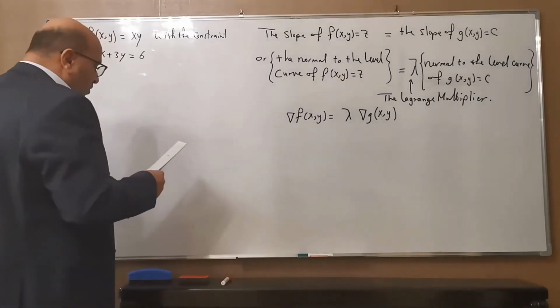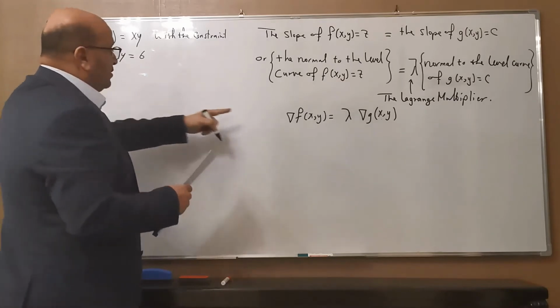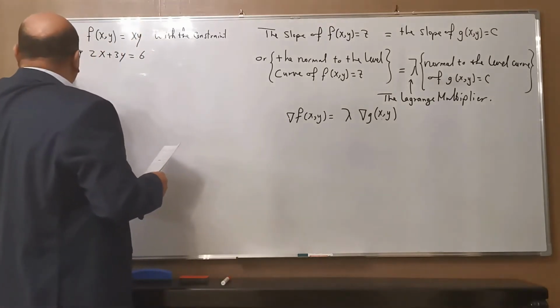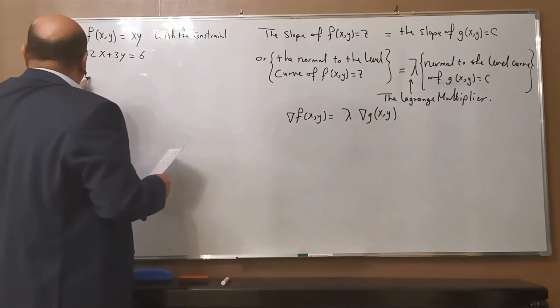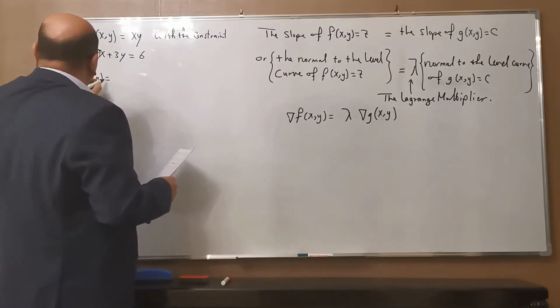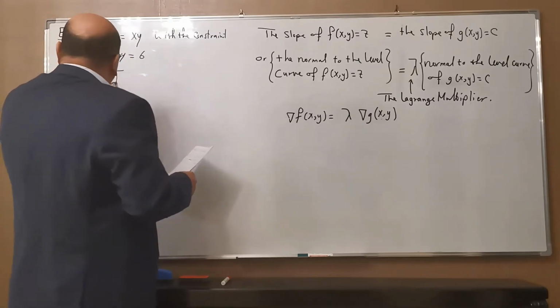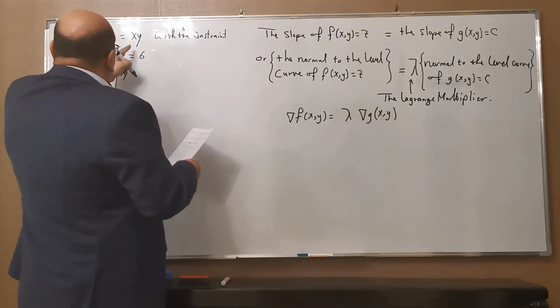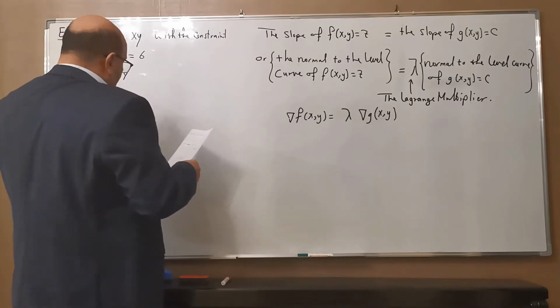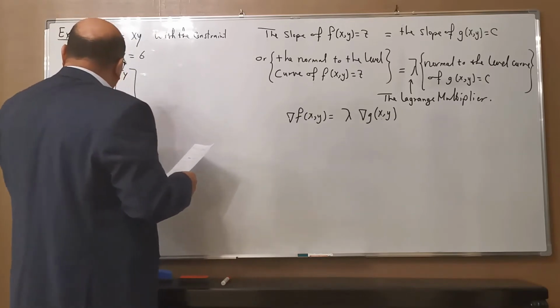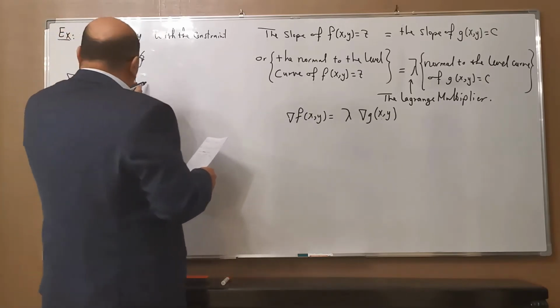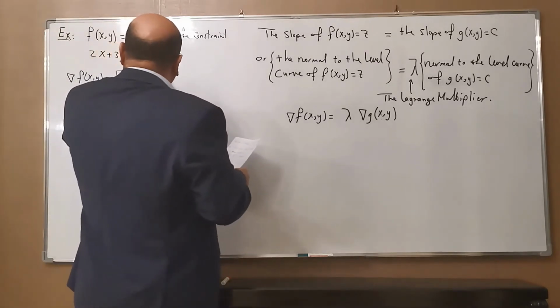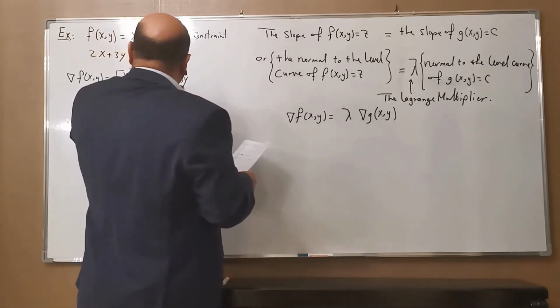Okay. To do this, I'm gonna find the gradient of f equals the first derivative with respect to x is y, the first derivative with respect to y is x. So this is our gradient here. What is the gradient of g of x and y?